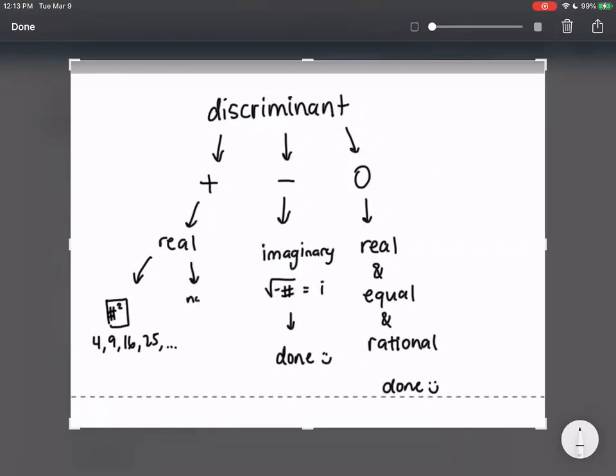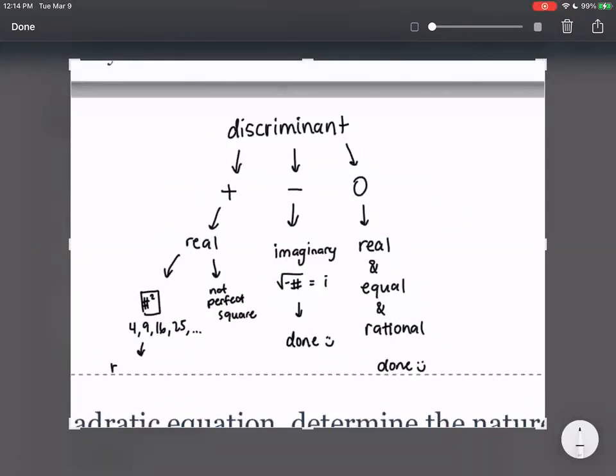And then I'm just going to write not perfect square. So your positive number can either be a perfect square or not a perfect square. If you get a perfect square, then your answers are going to be rational. If you get a not perfect square, then it's going to be irrational. And after that, you're done. Okay, so here's your little flow chart of sorts.